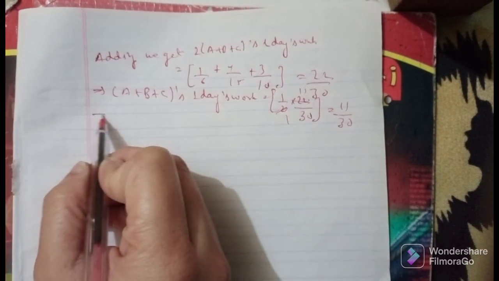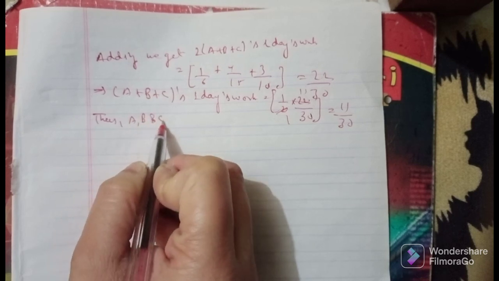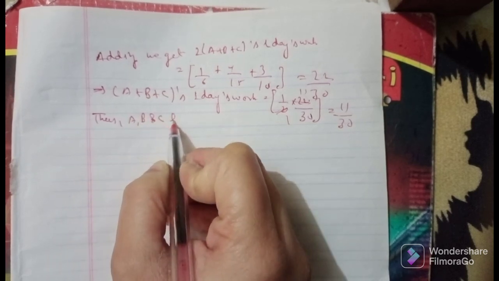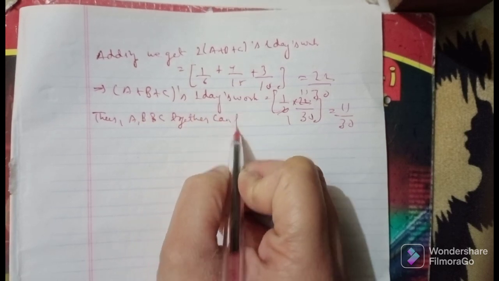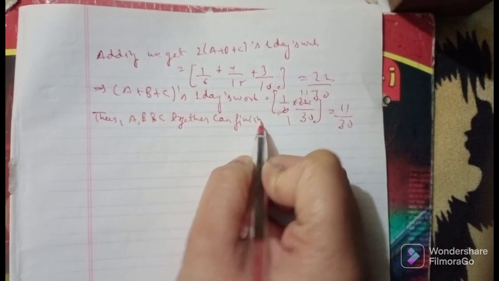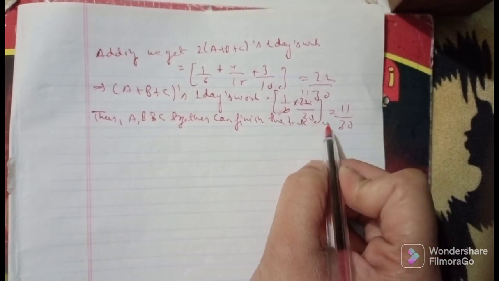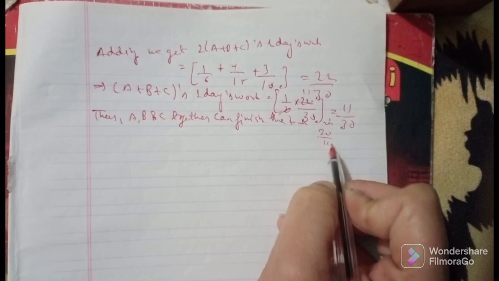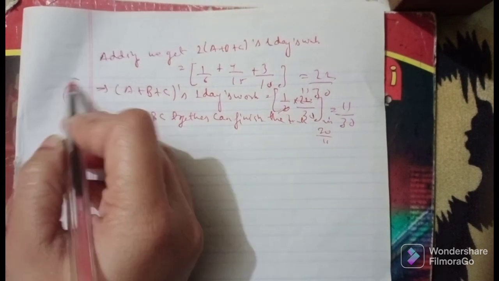So thus A, B and C together can finish the work in 30 by 11 days. Hence 1, 2 and 3 are necessary to answer the question. So we go for the option E.